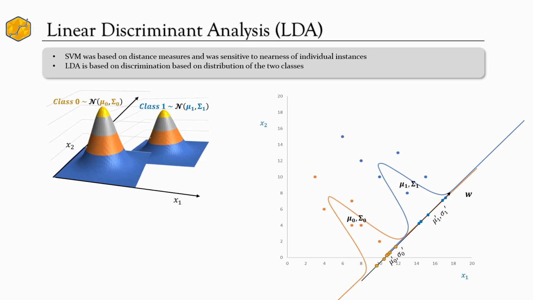All right, so how to measure the separation of these distributions? Originally, Fisher proposed a statistic as a measure for the separation of the two classes. So let's get down to the math.